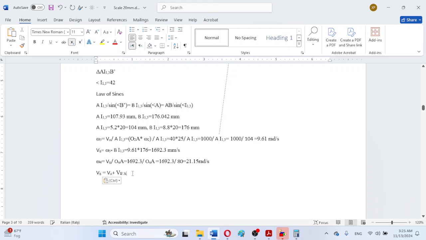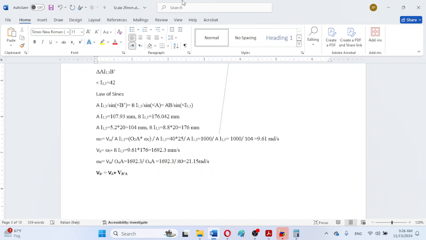So this is the correct velocity vector equation: VB will be equal to VA plus VB dash. We can type VB dash here because it is for the cross circuit.